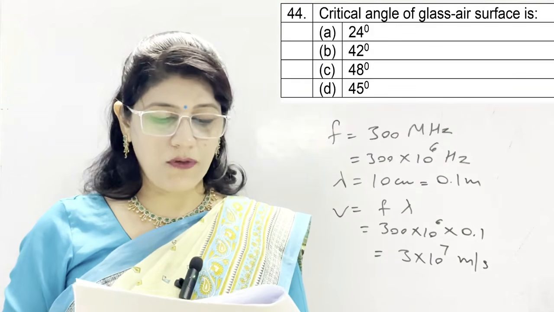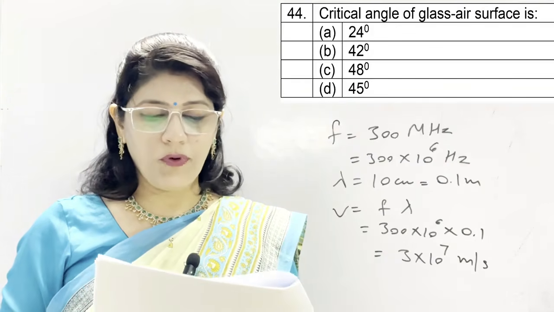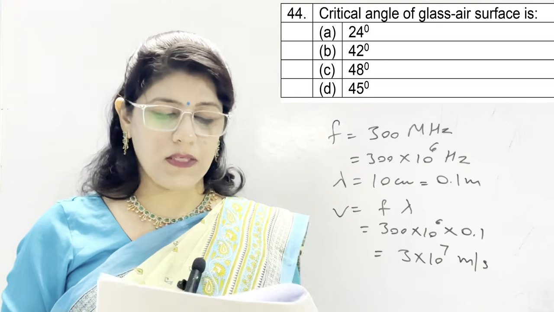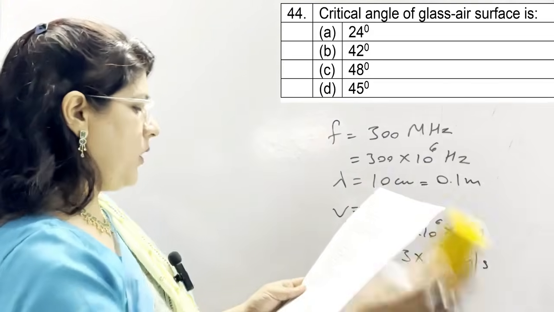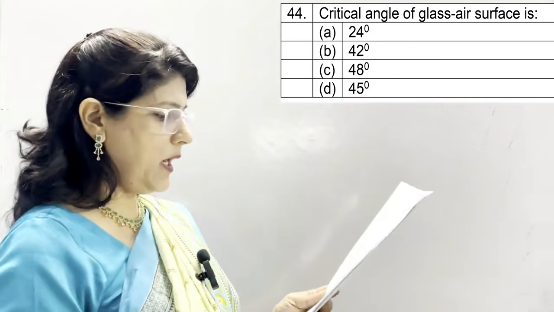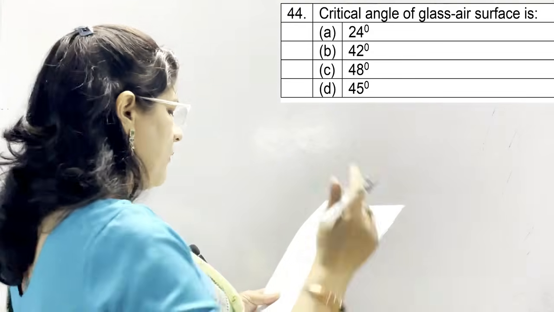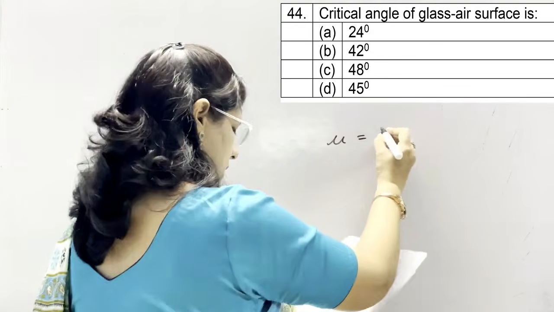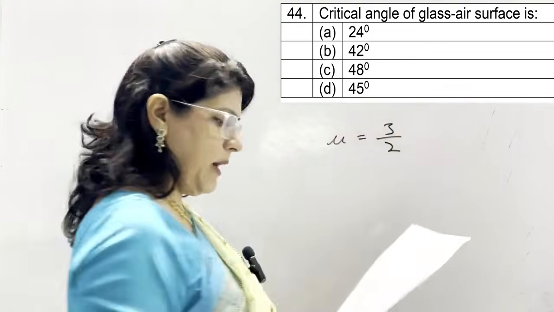In question number 44, critical angle of glass air surface is, option A 24, B is 42 degree, C is 48 degree, and D is 45 degree. We know for glass air interface mu is equal to 3 by 2.